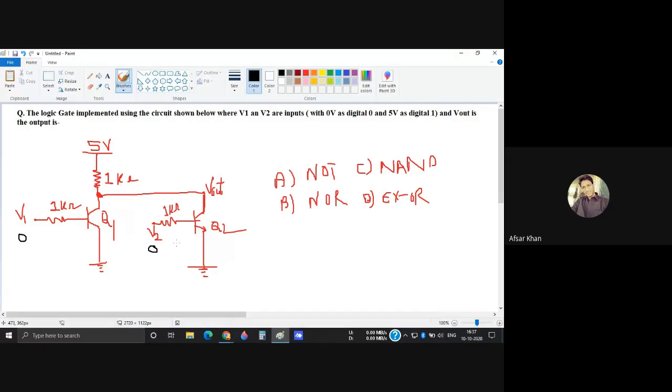If we apply both V1, V2 as 0, tell me, will Q1 and Q2 remain off or on for the 0 case? What I'm doing is applying inputs V1, V2, and here we will write V out.